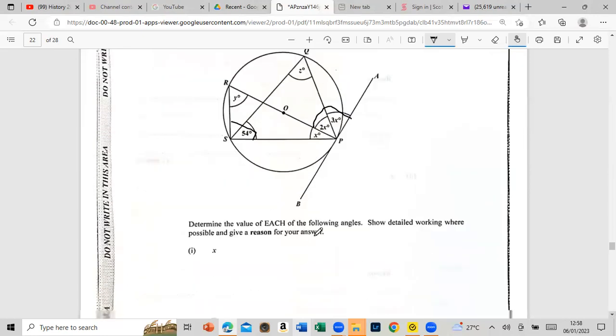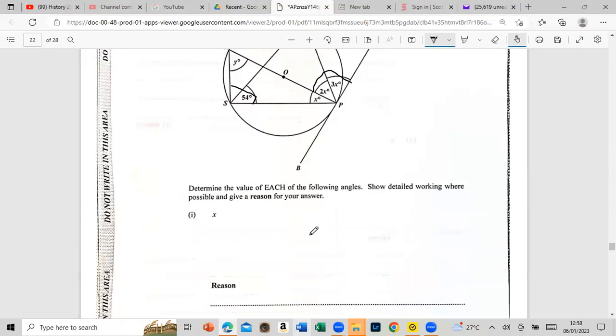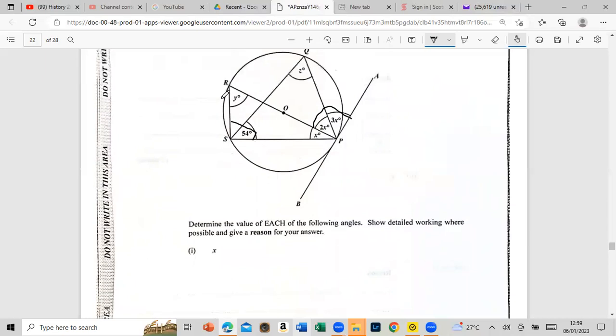It says determine the value of each of the following angles. Show detailed working where possible and give reasons for your answer. And X, find X. I think that's probably the easiest one to find because we already know the angle between the tangent and the radius is 90.